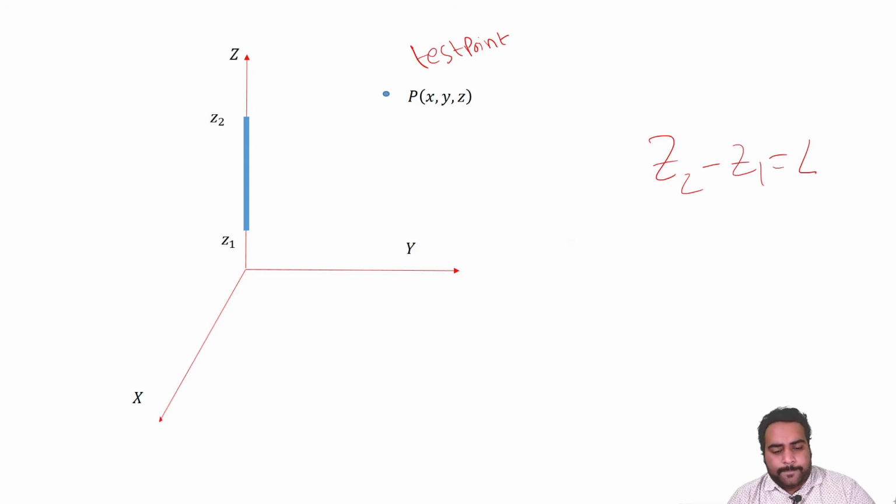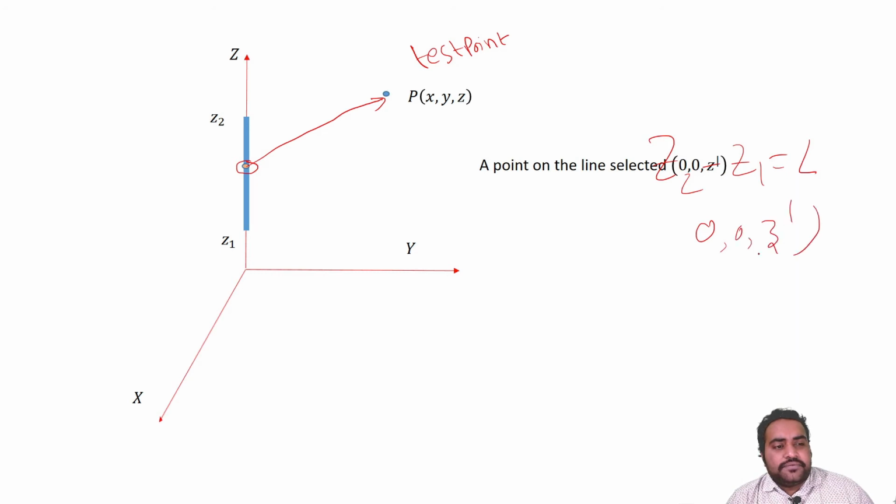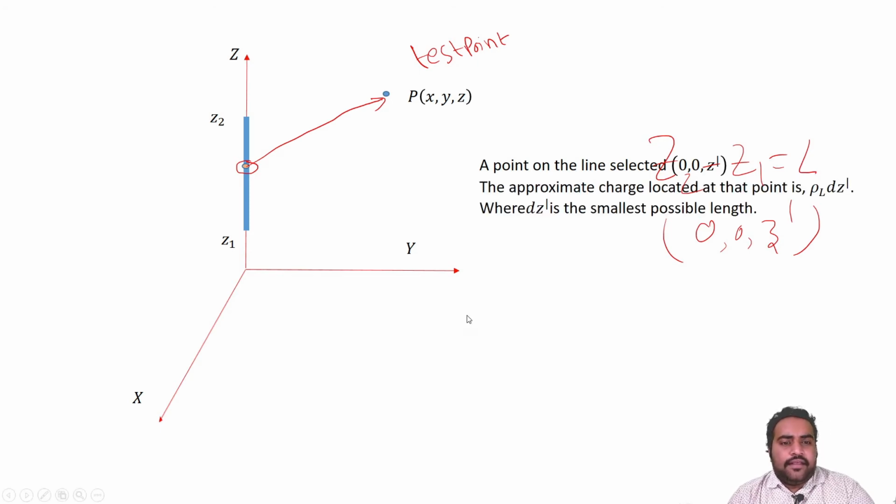Okay. Now, consider the smallest possible region on this. Its dimensions are negligible compared to this distance, hence this can be considered a point. Let this point be equal to 0, 0, z dash. Now if this changes, z dash would change.